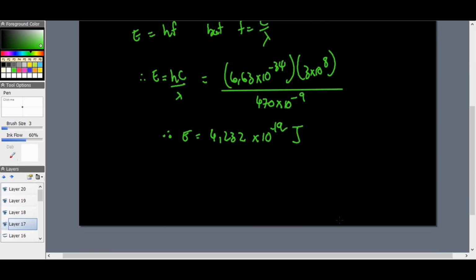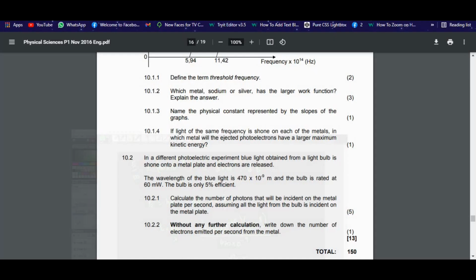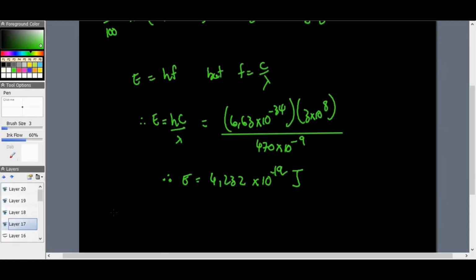Now we have the energy of a photon as well as the energy taking the efficiency into account. The question in 10.2.1 asks us to calculate the number of photons, the total number of photons incident per second.